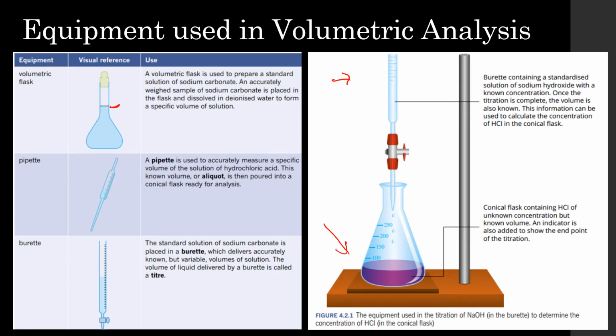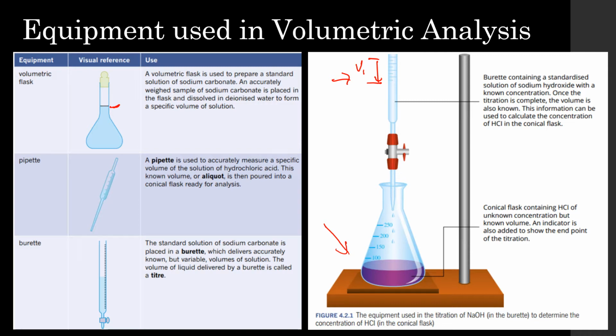It's going to be the volume that changes, isn't it? Once the titration is complete, the volume is also known because you can measure how far it drops down, and that's therefore a known volume. This information can then be used to calculate the concentration of hydrochloric acid in the conical flask.